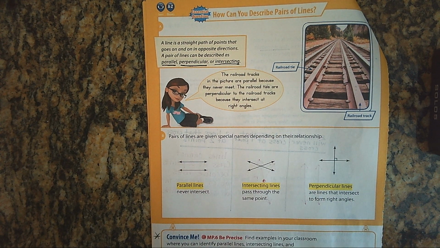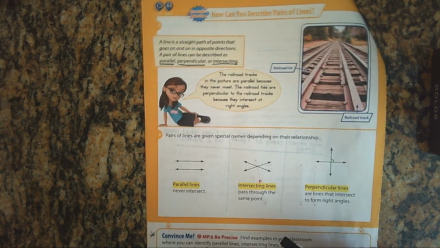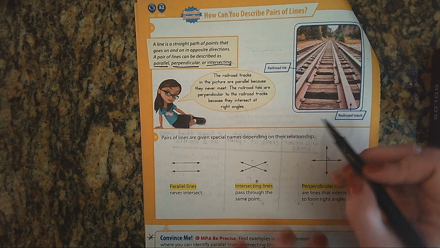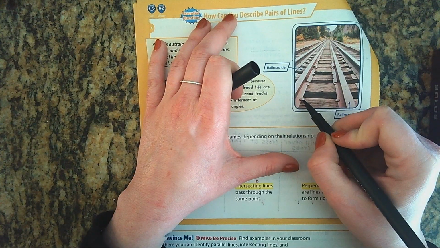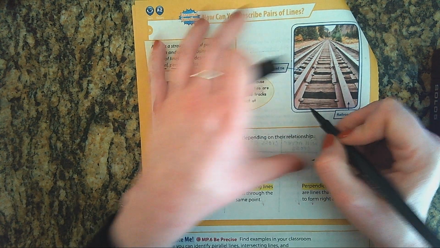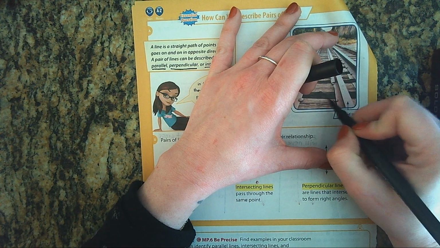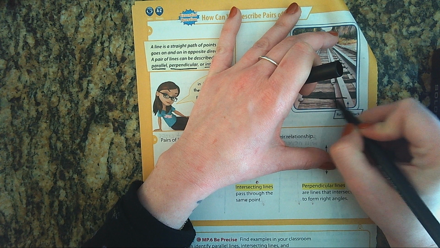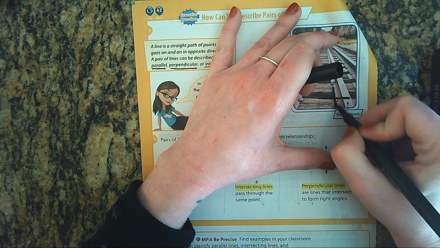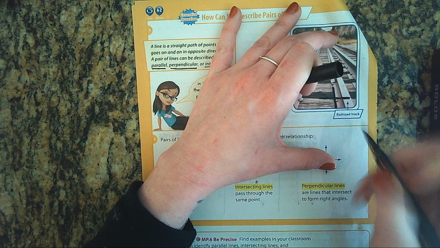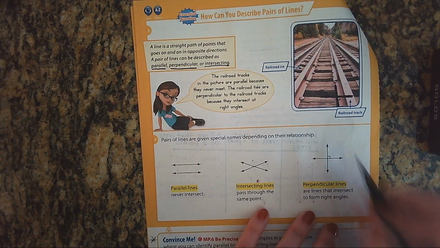The railroad ties are perpendicular to the railroad tracks because they intersect at right angles. So here we can see the railroad ties. Those are what's keeping the tracks down to the boards. Where they would meet at this spot and cross, I'm darkening it with my pen. But we can see the lines that are made here.